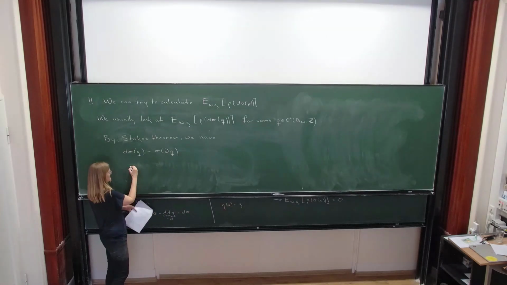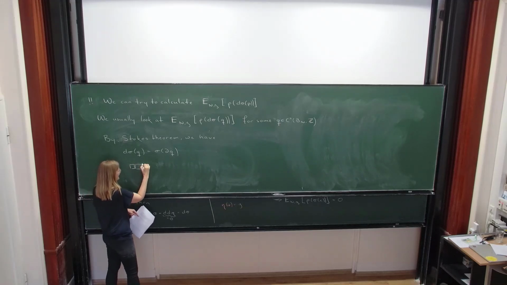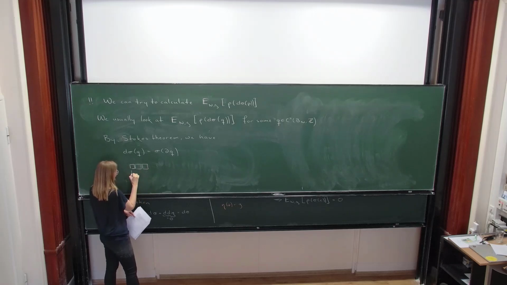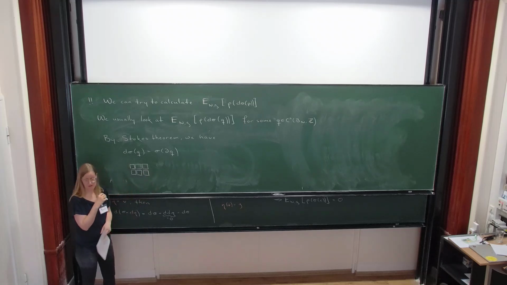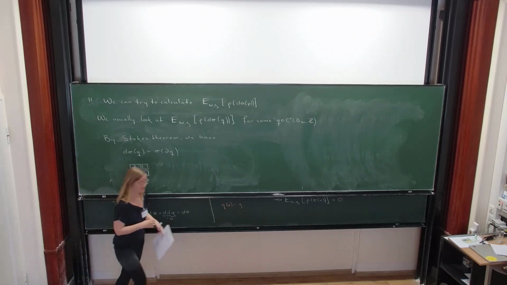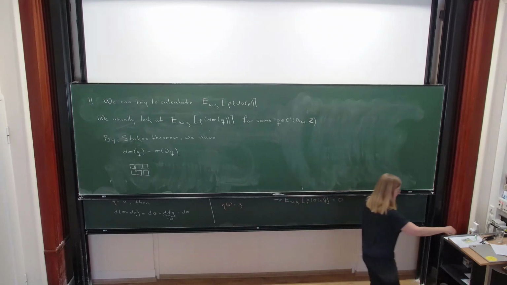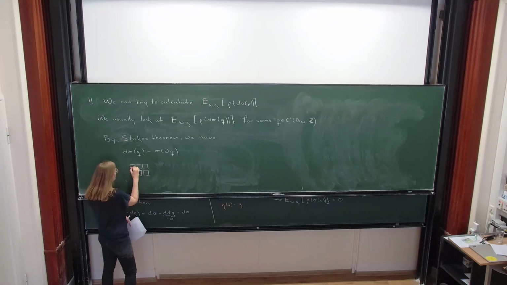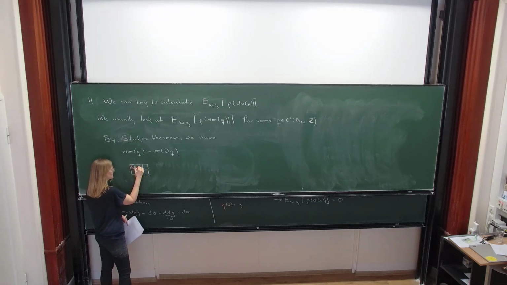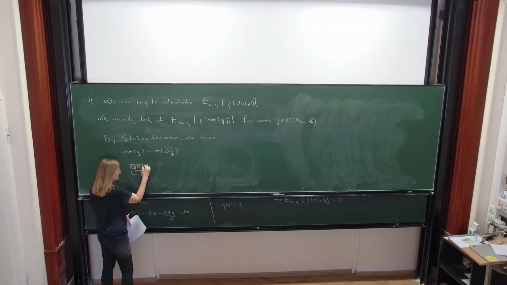And if we have a sequence of plaquettes like this, say we have 6 of them. And now I'm assuming that they are all positively oriented. They all have the same orientation.